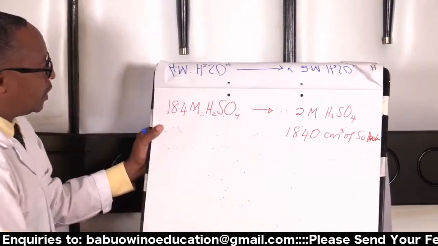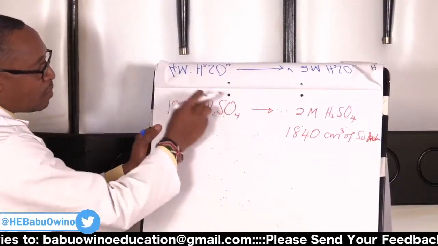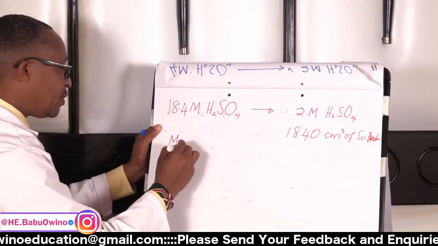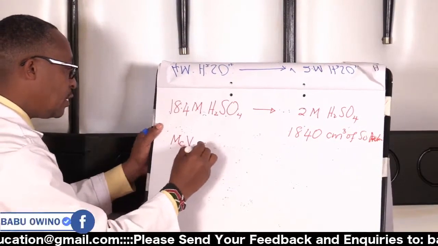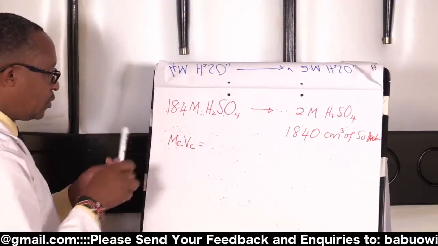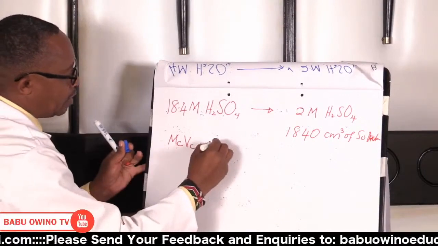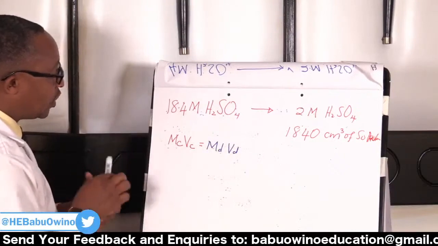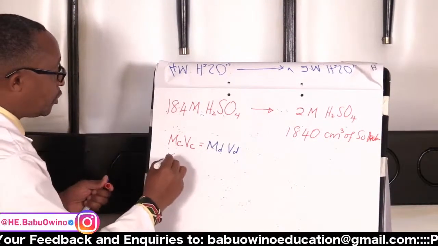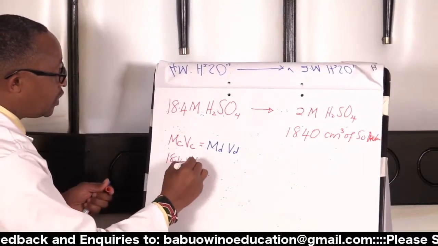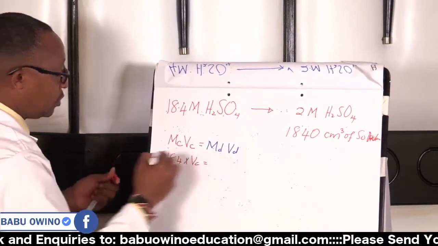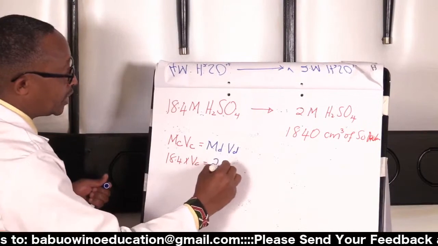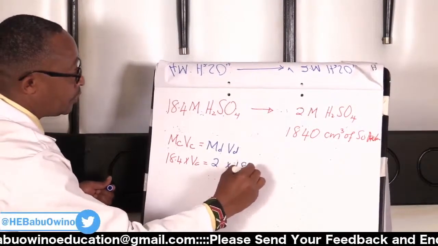So simply, we are asking ourselves how much of the concentrated acid will you use? MC VC should give you MD VD. So this gives you 18.4 times VC should give you, the other side is 2 molar times 1840.